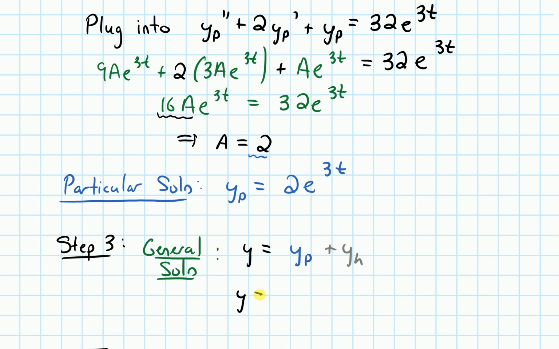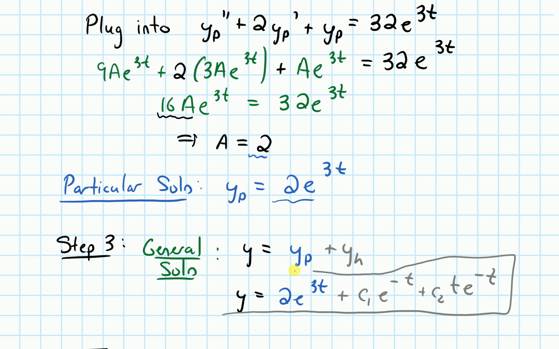So y is going to be, so the particular solution we had right here, it was 2 times e to the 3t. The homogeneous solution we did earlier, and that was c1 times e to the negative t plus c2 times t e to the negative t. And that is our general solution to our non-homogeneous equation. That's how we do it using this method of undetermined coefficients. Alrighty, so let's do another example.